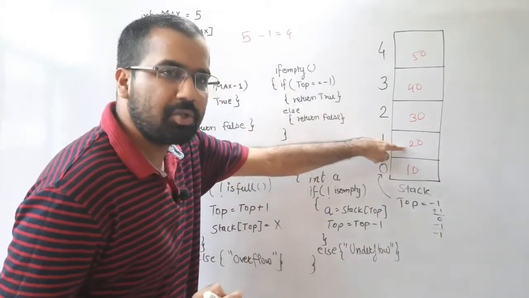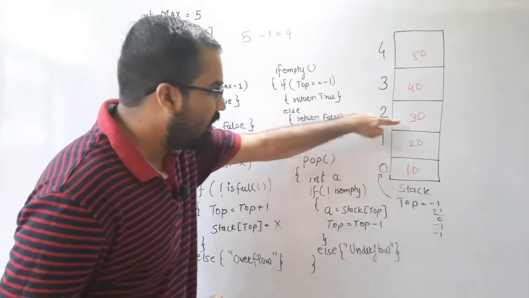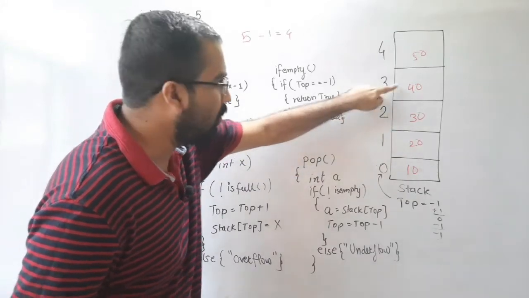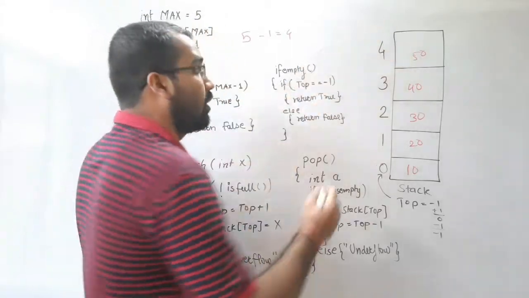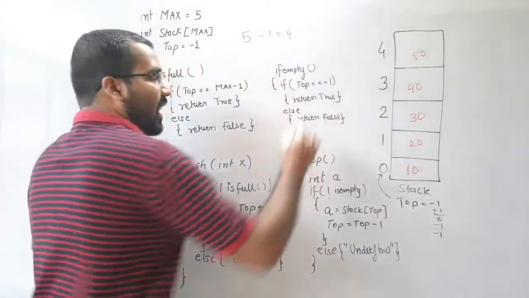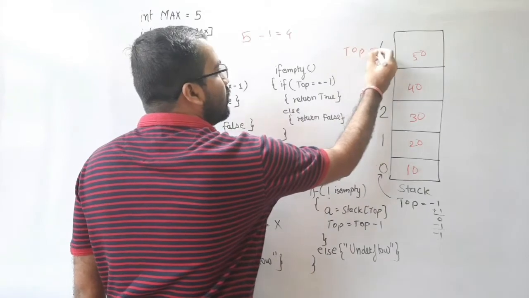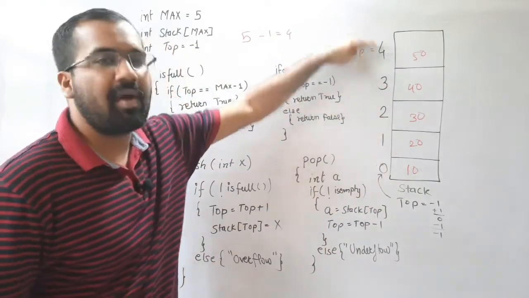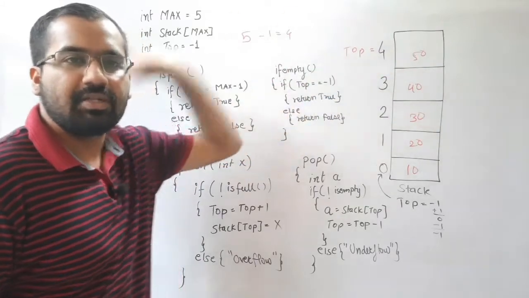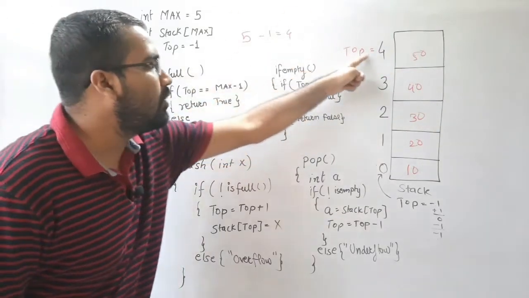When 20 is pushed, top will be 1. When 30, top will be 2. When 40, top will be 3. When 50, top will be 4. So now 50 has been pushed into the stack and the top value is equal to 4, because we are incrementing one by one as we insert the elements.